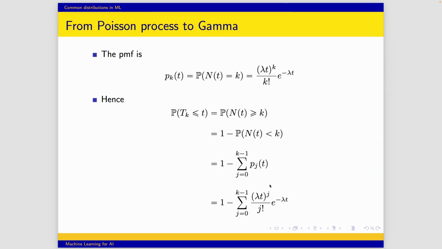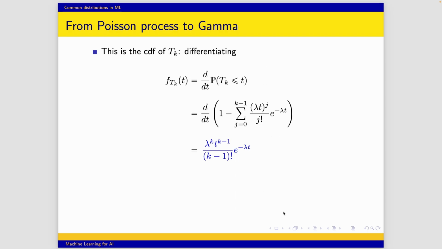We have the CDF of T_k, the cumulative distribution function. The CDF, let me call it F(t), for T_k is defined as the probability that T_k is less than or equal to t. And it's given by this expression here.